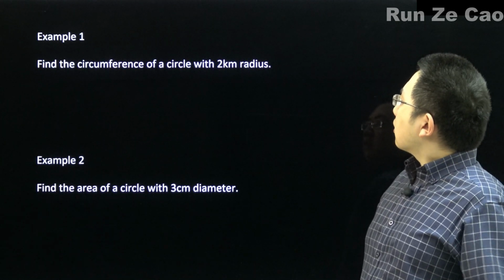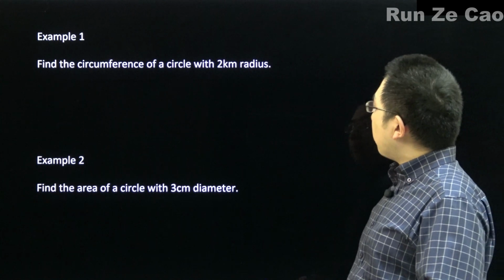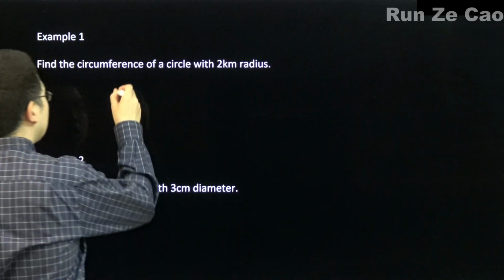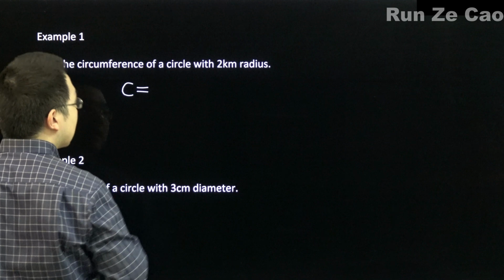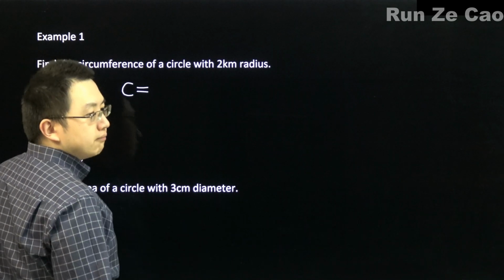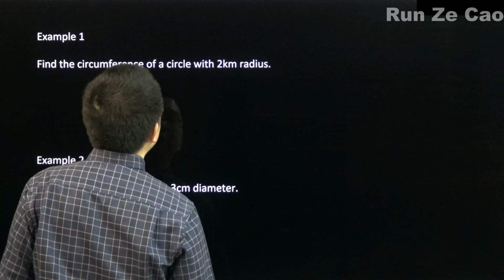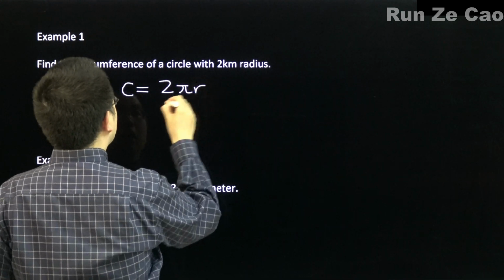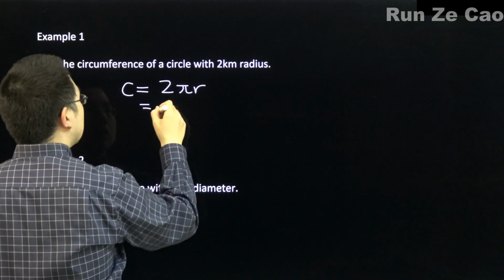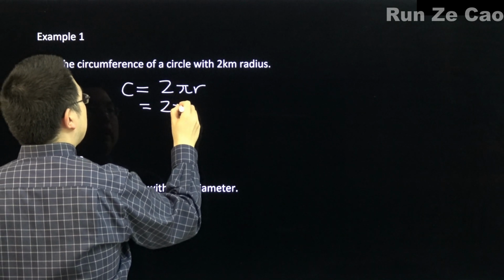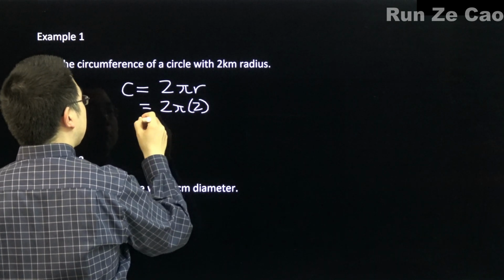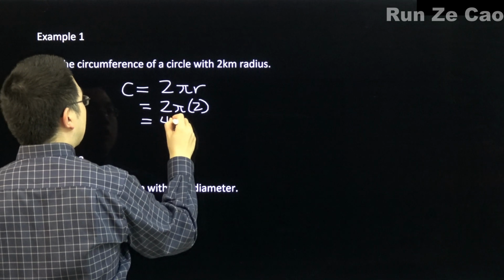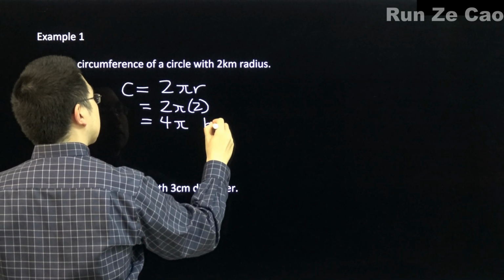Now, when you find the circumference of a circle with 2 kilometers radius, you would go, circumference is pi d, so pi multiplied by the diameter, or 2 pi r, which is equal to 2 pi times 2 kilometers, which is 4 pi kilometers.